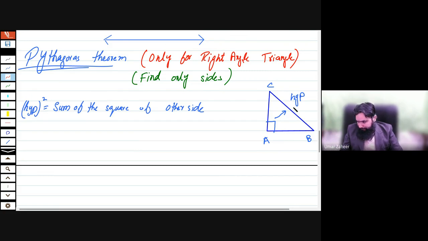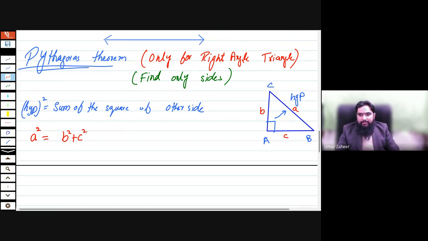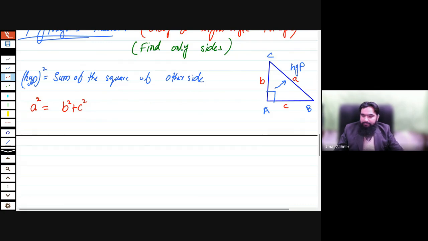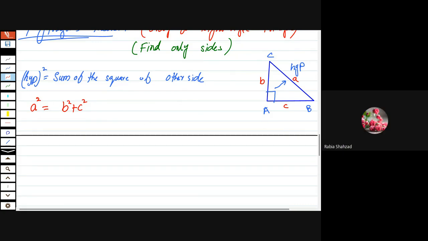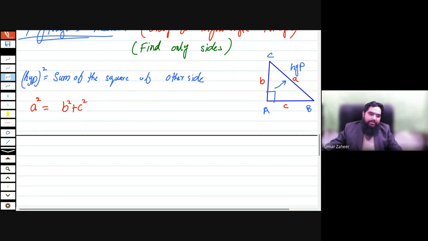For example, let's take the vertices A, B, C. From here we can conclude that A square is equal to B square plus C square. Does anyone have a question up to here? What is the statement of Pythagoras theorem? Hypotenuse square is equal to the sum of the squares of the two other sides.